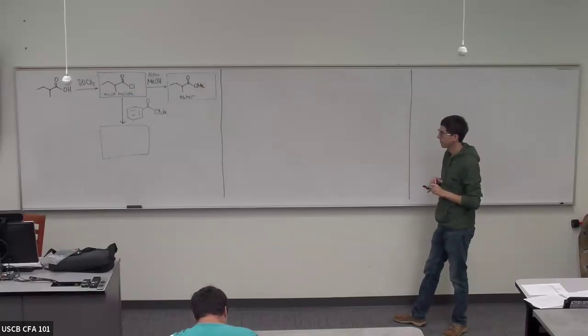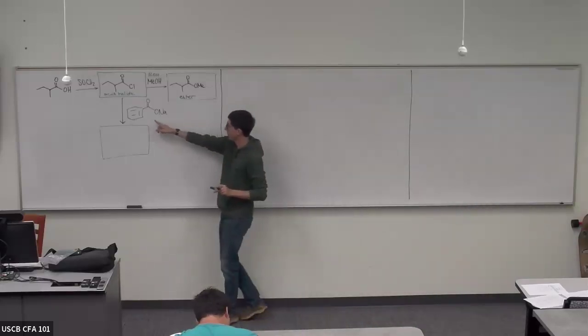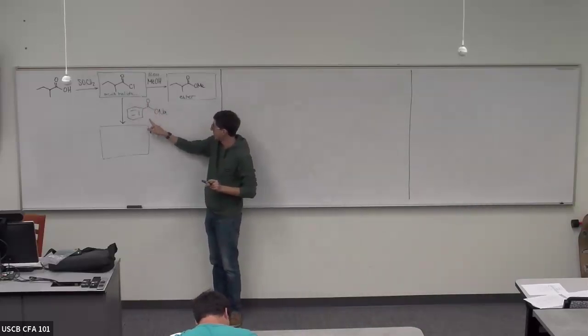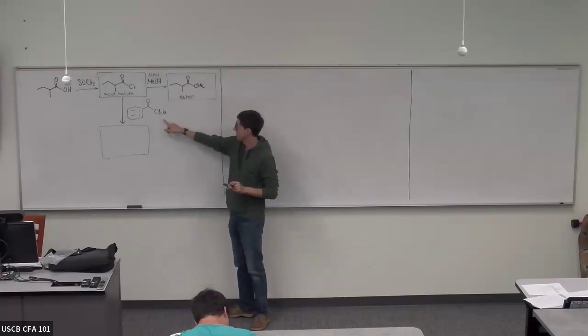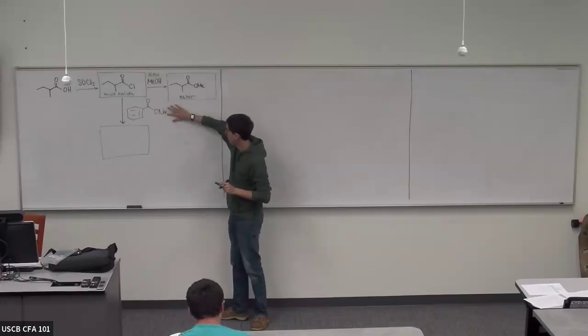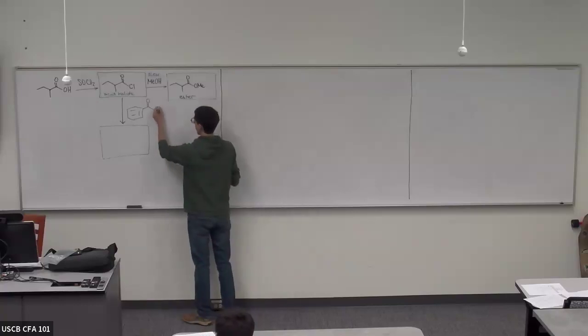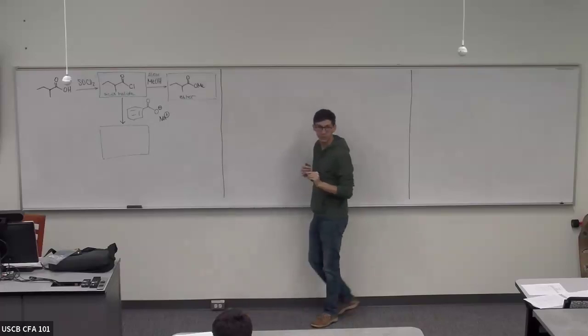Okay, so we go in this direction, we take our acid halide and react it with this carboxylic acid salt. I've written it ONa, but you could also write it like O minus Na plus.